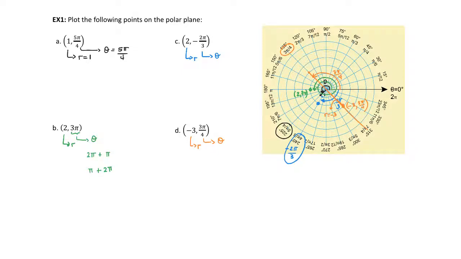So again, if r was positive, I would measure upwards 3 units. But because r is negative, I measure along the line that passes through the pole and is directly opposite. I really draw a line. And then I go in the opposite direction 3 units away. 1, 2, and 3. So the polar coordinates are negative 3, comma, 3 pi over 4.